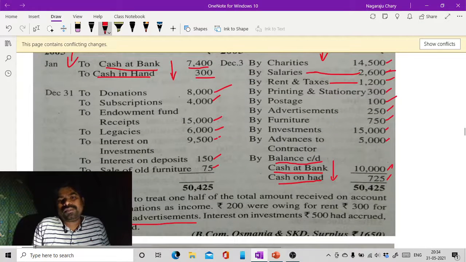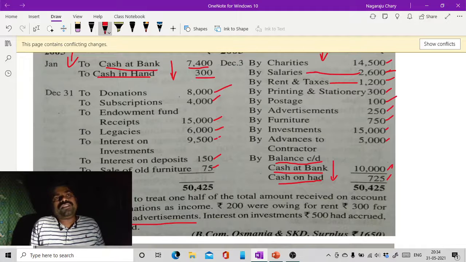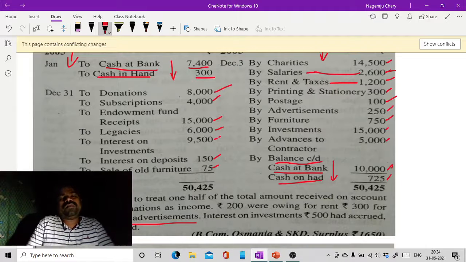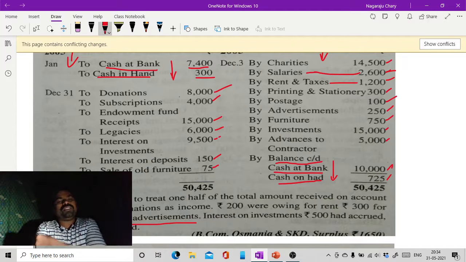Alright. Next, furniture. Is furniture a repetitive item or not? We purchase furniture. Furniture is an asset, so we don't purchase it again and again. Once we purchase, after a few years we may purchase another furniture after usage of the old furniture.